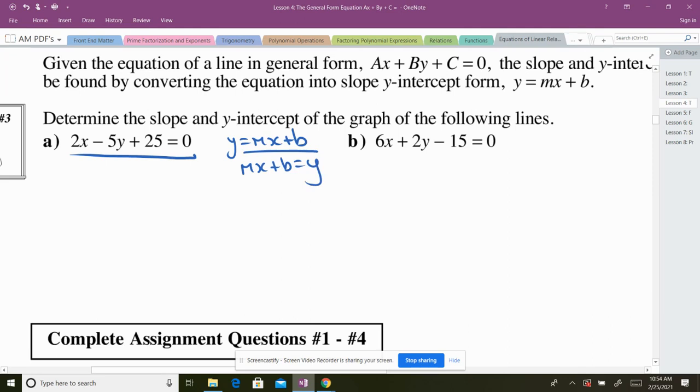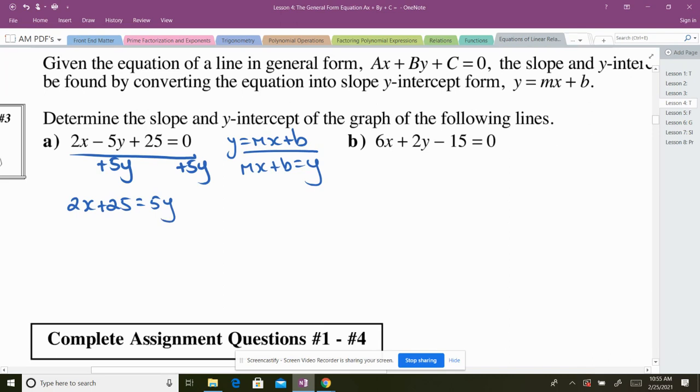What is the easier move here? Should I move the x and the 25, or should I just move the 5y? Just move the 5y, right? It's a one step. So if I go plus 5y, I get 2x plus 25 equals 5y.